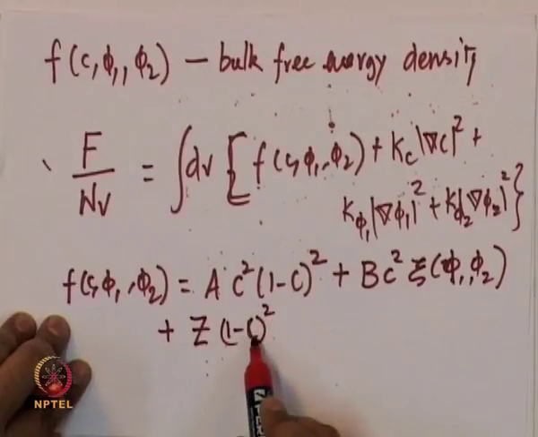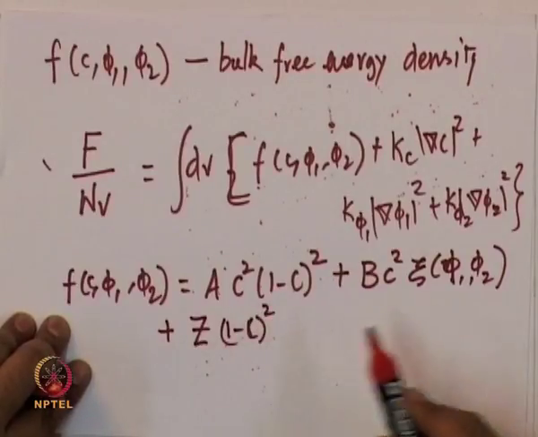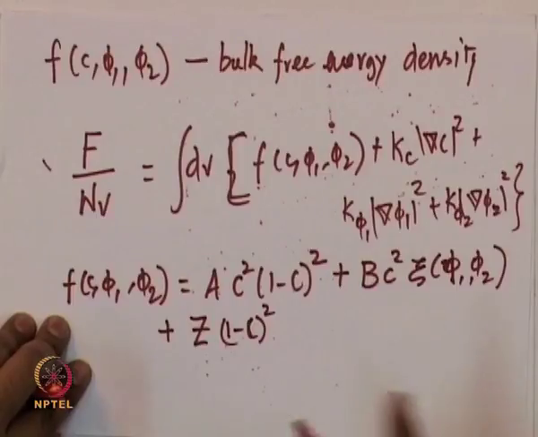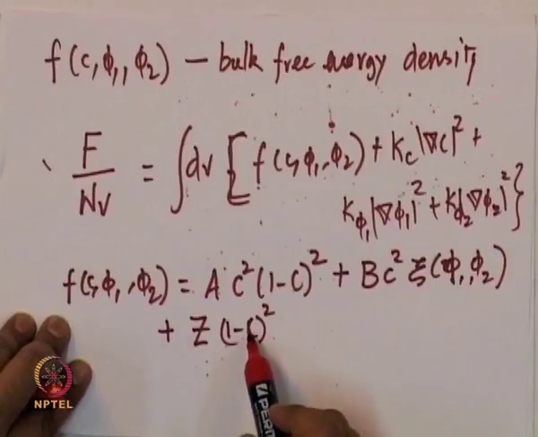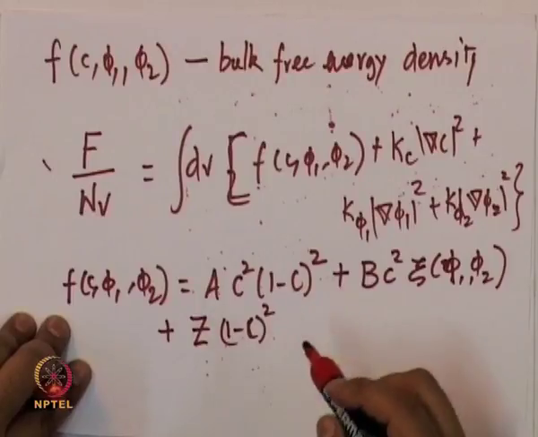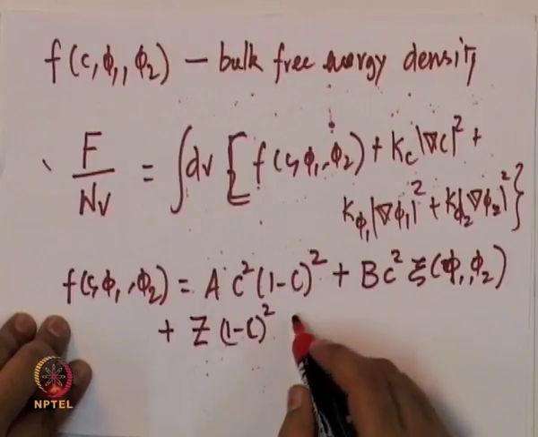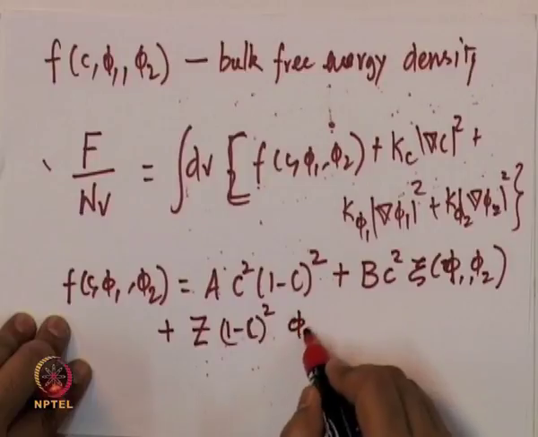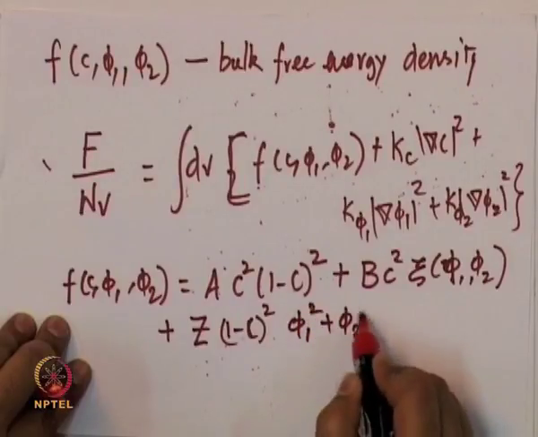So, when C equal to 1, we want either phi 1 or phi 2 to have its value as 1. So, that solid C equal to 1 will correspond to some orientation. That coupling is taken care of by this phi 1 squared plus phi 2 squared.